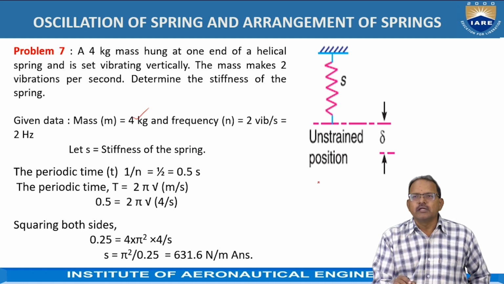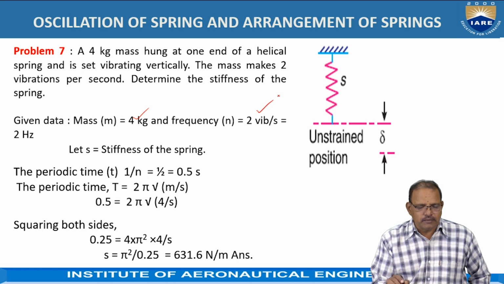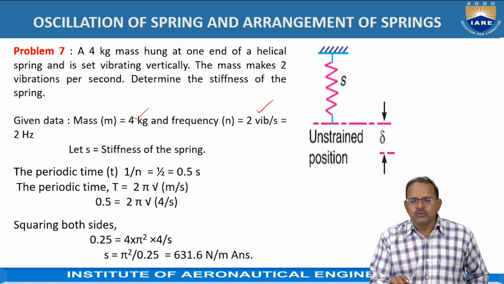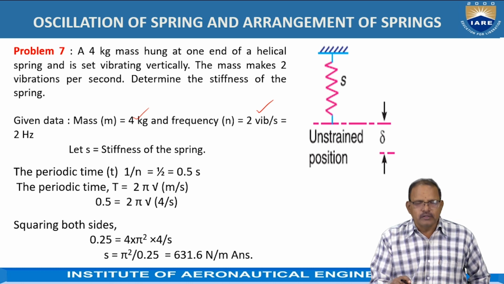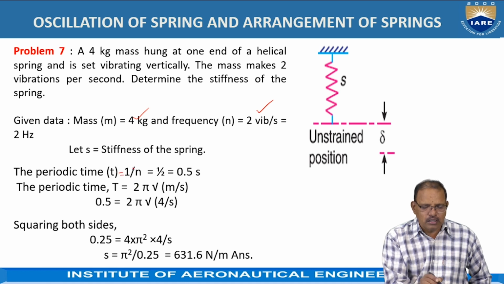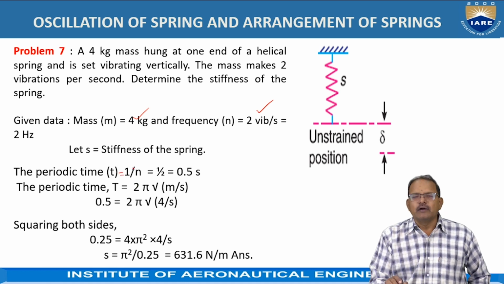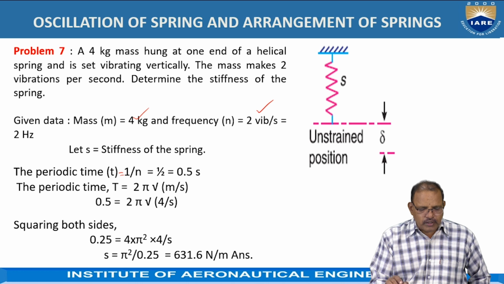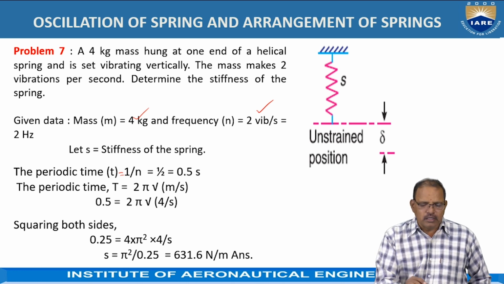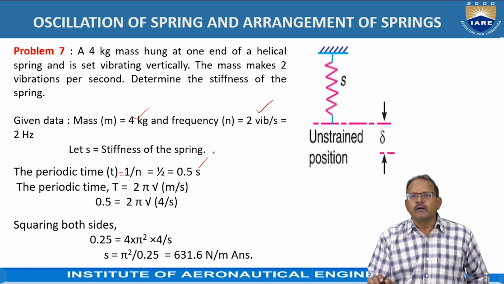The frequency n is equal to 2 vibrations per second, that is 2 Hz. Let s represent the stiffness of the spring. The periodic time is the reciprocal of the frequency, that is 1 by n, which is 1 by 2, equal to 0.5 seconds.